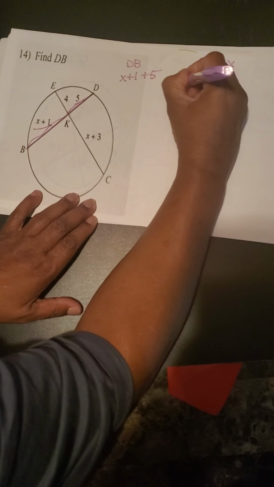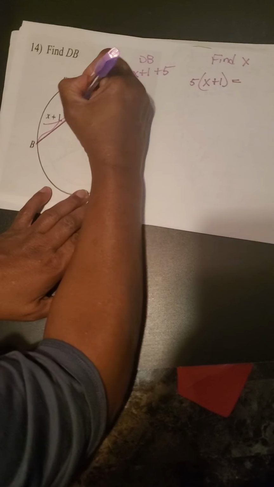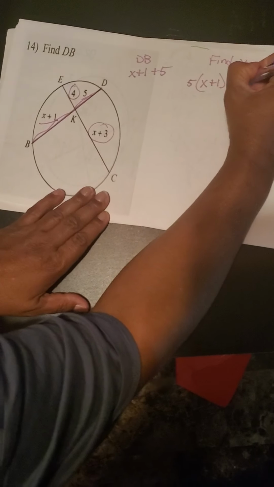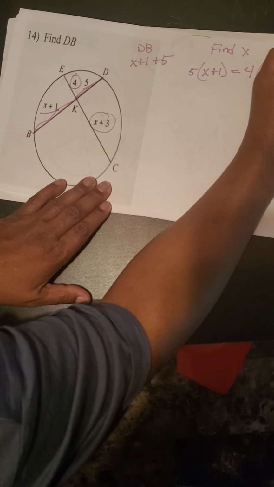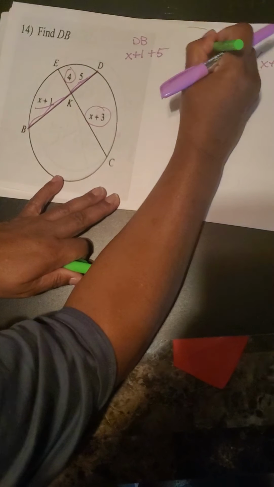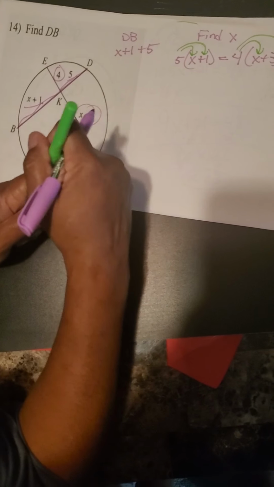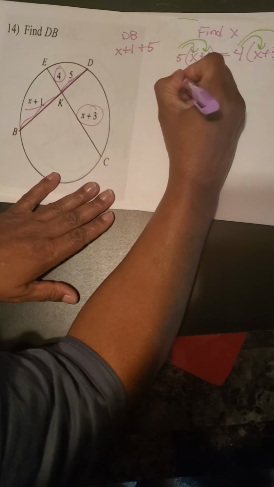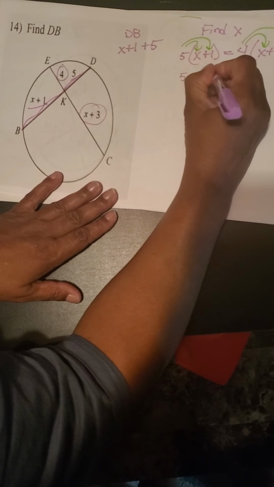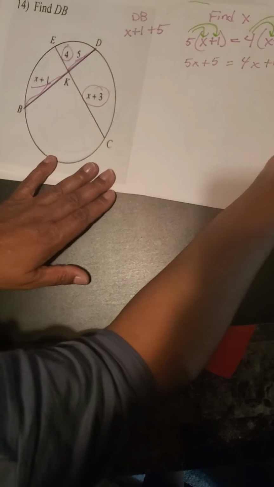So that's 5 times x plus 1 is equal to 4, which goes with x plus 3. 4 times x plus 3. We have to distribute. That's 5x plus 5 is equal to 4x plus 12.